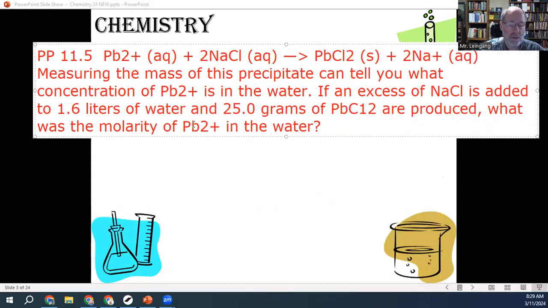Measuring the mass of this precipitate can tell you what the concentration of lead 2+ is in the water. If an excess of sodium chloride is added to 1.6 liters of water and 25 grams of PbCl2 are produced, what was the molarity of Pb2+ in the water?